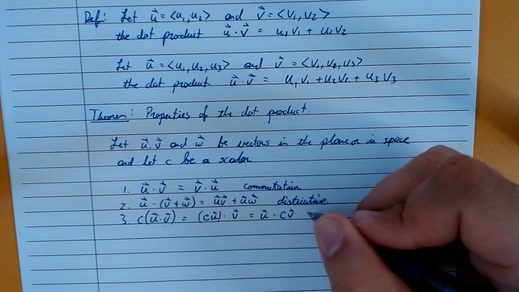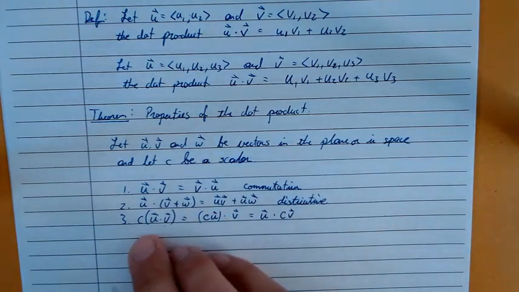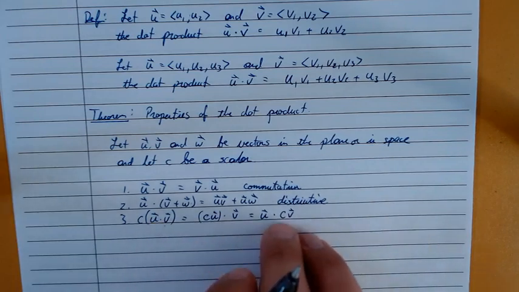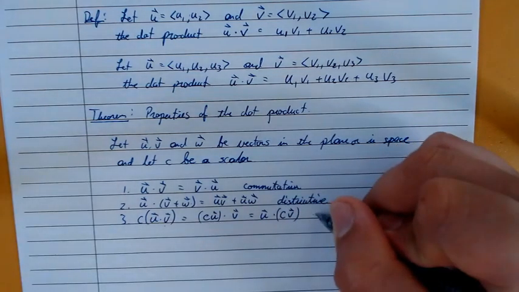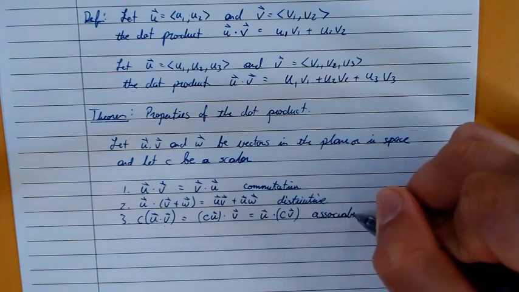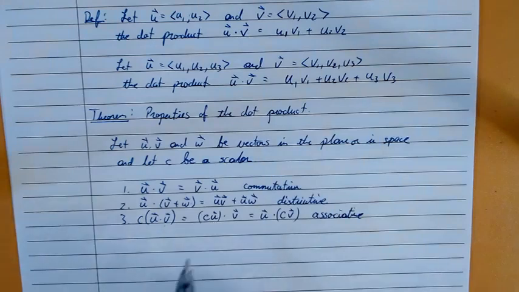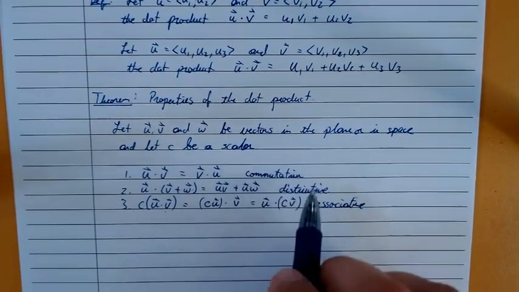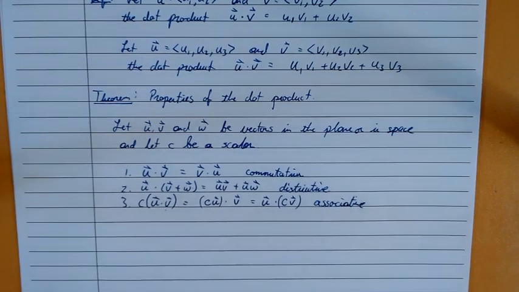And that's associativity. In other words, it doesn't matter how you associate these. Any pair can be multiplied first, this pair, or this pair. So that means that the dot product exhibits commutativity, the distributive property, and the associative property.